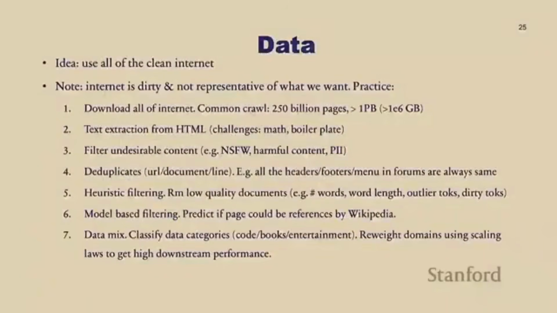That's something that people usually say in a very hand-wavy way. If you train your model more on code, it helps reasoning. So you want to upweight the coding distribution because that helps for general language modeling skills. Books is usually another one that people upweight. Entertainment, they usually downweight. So things like this.